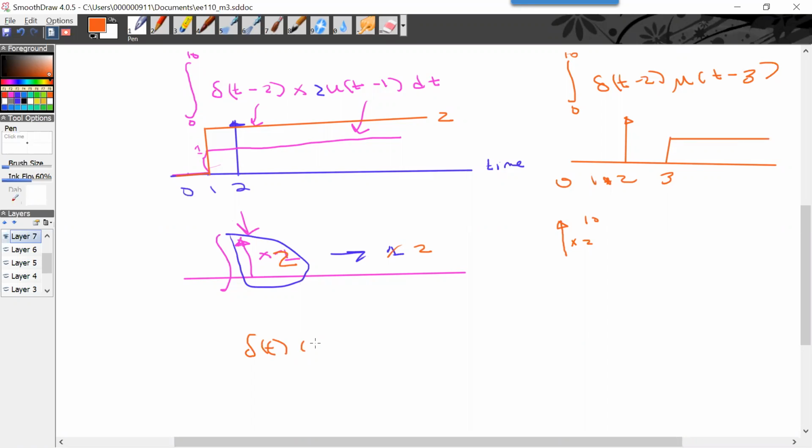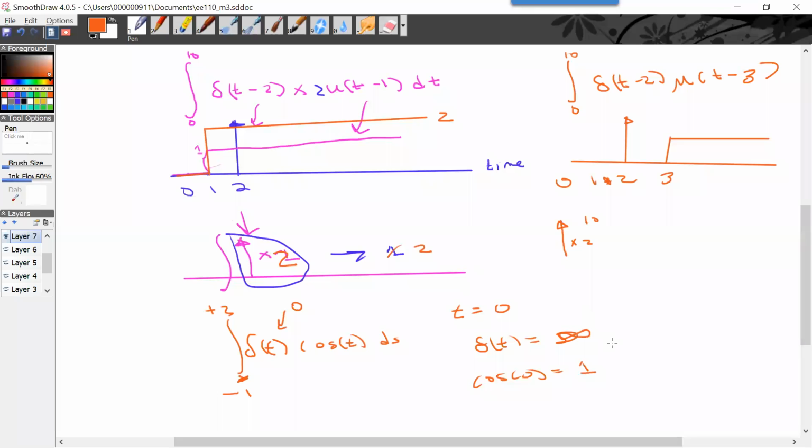delta t times cosine of t, and let's just say from -1 to 1. Well, this is active at 0. So at t equals 0, delta t equals infinity, and cosine of 0 equals 1.